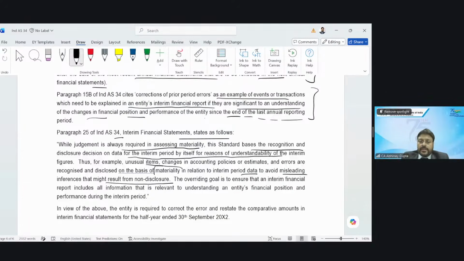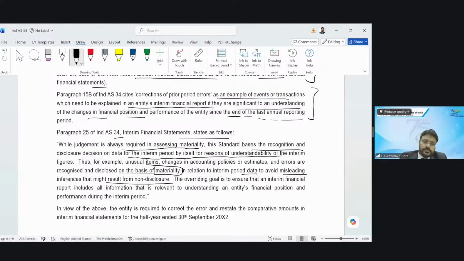Now, whether the error is material or not will be looked at on the basis of the interim period reporting data, not for the full year. So suppose for the full year you have 1 lakh crore revenue and for the quarter you have 20,000 crore. Materiality has to be assessed for the quarter in relation to 20,000 crore, not the full year revenue. That is stated by paragraph 25 of Ind AS 34: materiality for the quarter has to be based on the numbers of the quarter, not the full year, right?